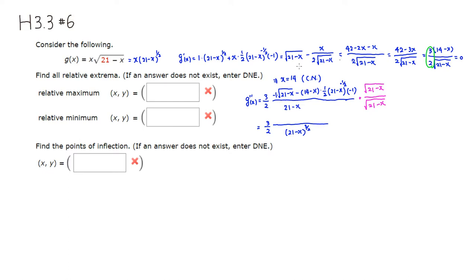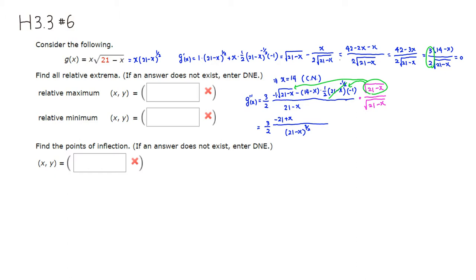Then here, once you distribute this guy to the first term, you're just going to get negative 21 plus x. If you distribute it to the second term, you can cancel because that's just a reciprocal.